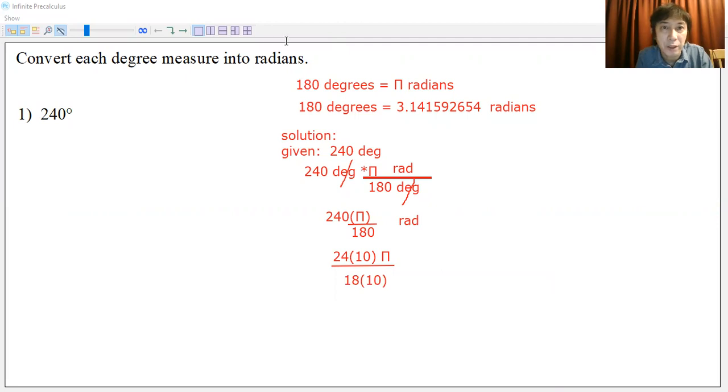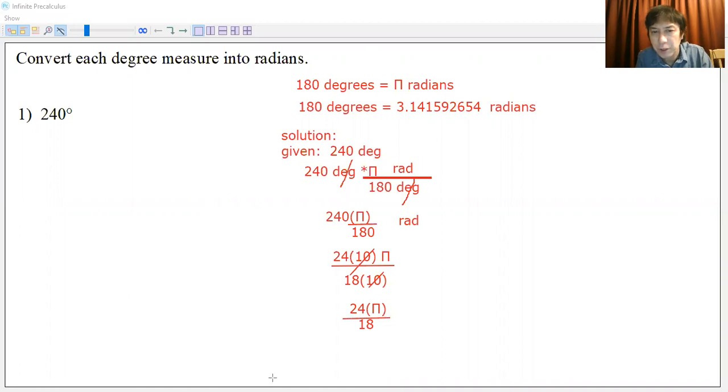Then we can now cancel out something. We can cancel the 10, and we're down to 24 times pi over 18. The numbers are smaller at this point, and we can still reduce this to get the simplest answer.